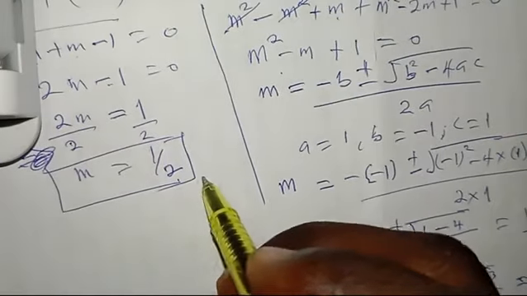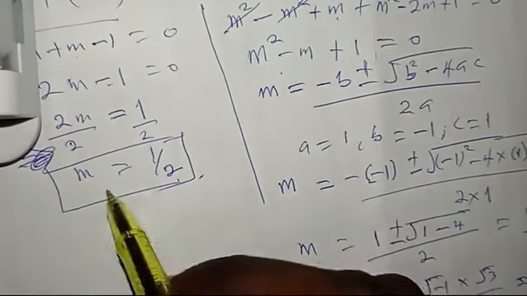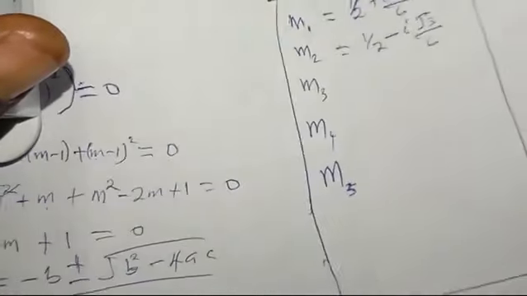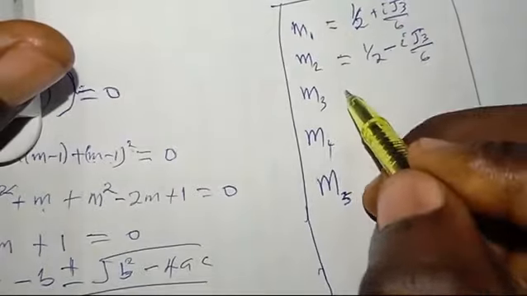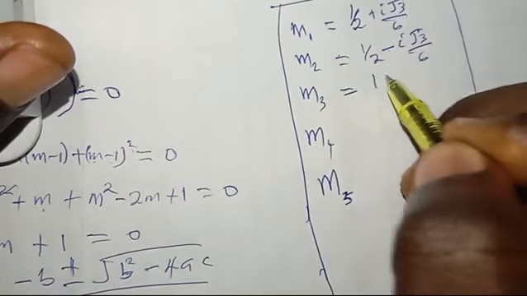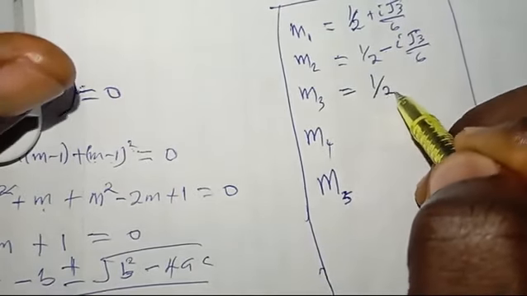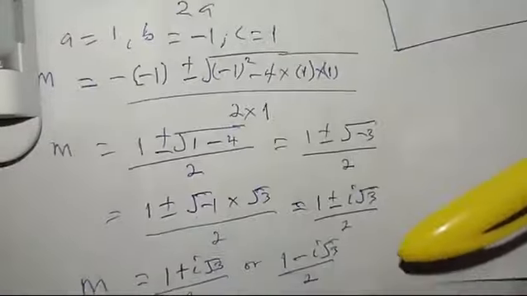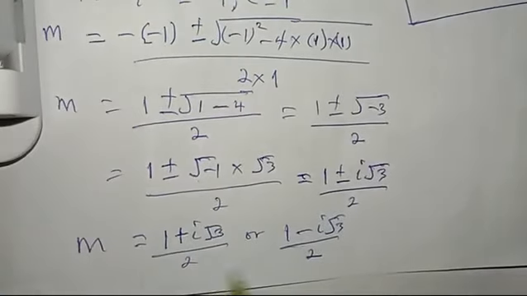And then looking at this place also, you see that this is the second value of m, that is m equal to 1 over 2. So I'm going to put it as m3. So this is m equal to 1 over 2. And then finally the last value of m which we've got is this.